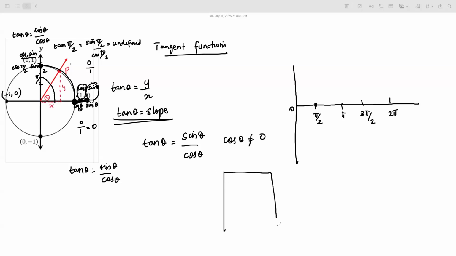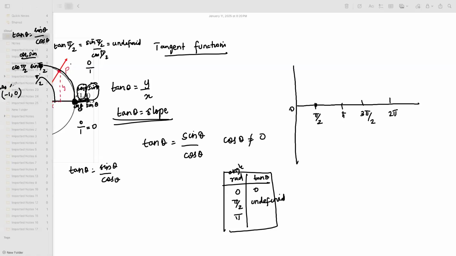So let's tabulate it. What did we try? 0 we tried, 90 we tried. This is the angle in radian value and tan theta. Now, for 0 it was 0. For pi by 2 it was undefined. For pi, what happens? This is cos pi, sine pi.